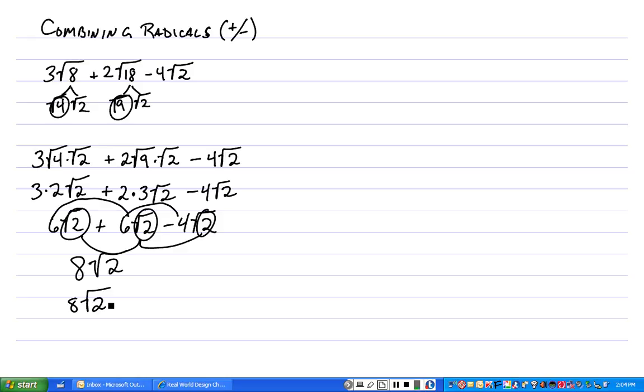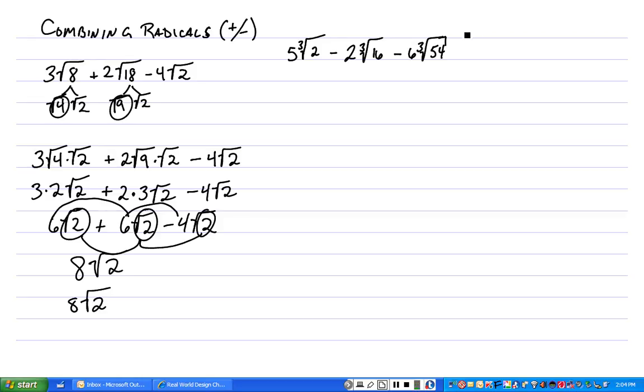Alright, let's look at one for cube. So let's say we had a perfect cube situation where we have 5 cube root of 2 minus 2 cube root 16 minus 6 cube root 54.